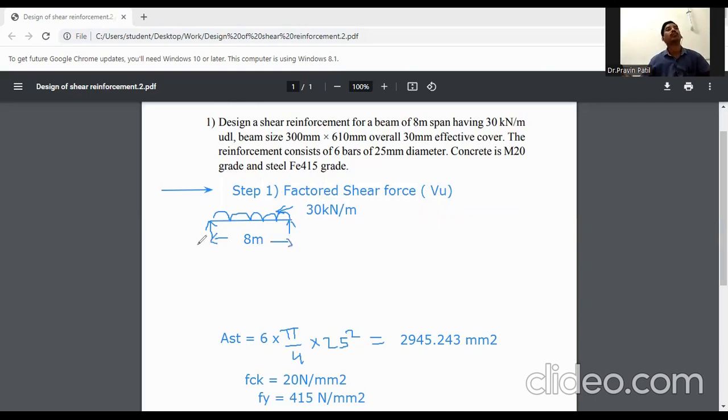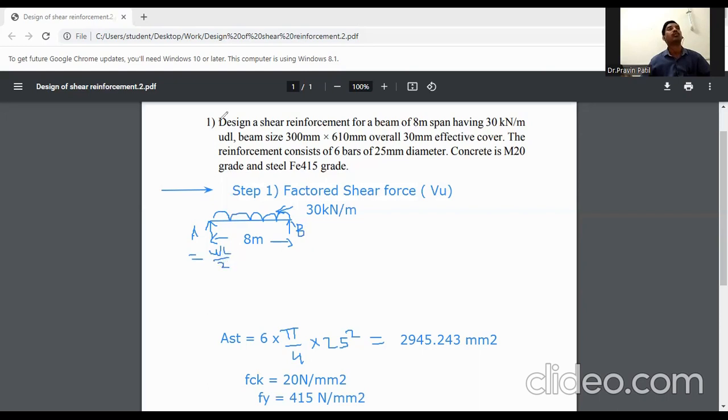So shear force means reaction of this beam. Okay. This one it is support A and this one it is support B. So maximum reaction for this at A and B it will be WL by 2. So RA it is WL by 2. That means maximum shear force it is WL by 2.